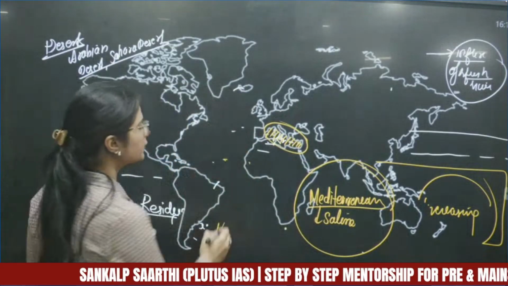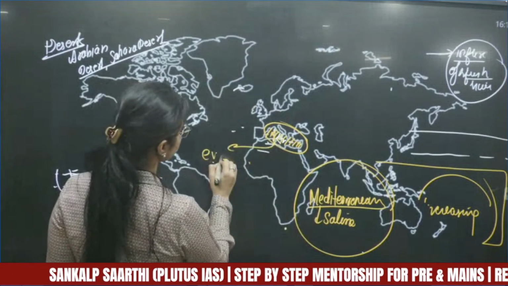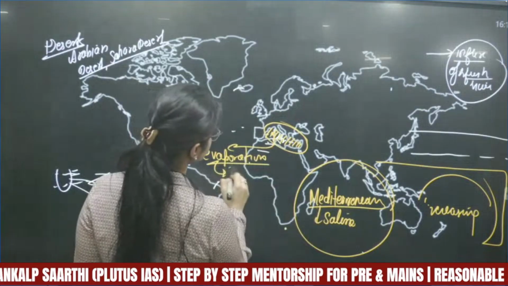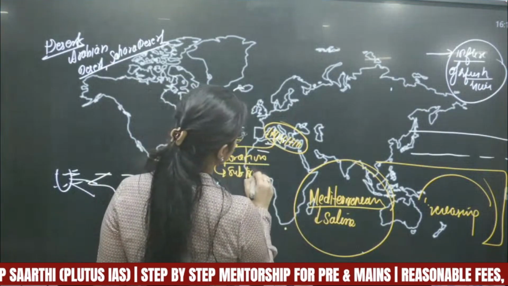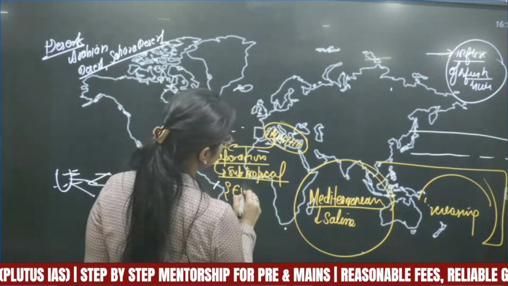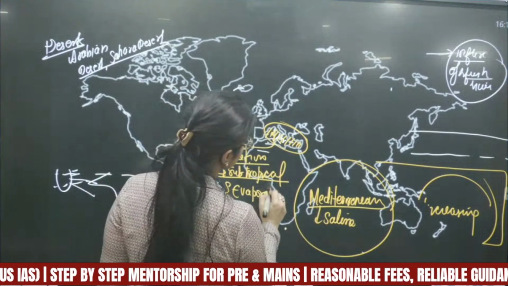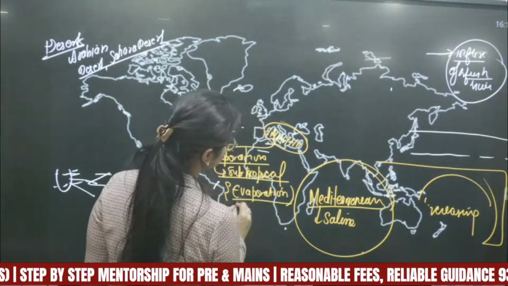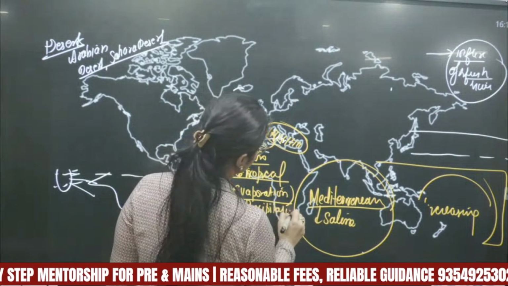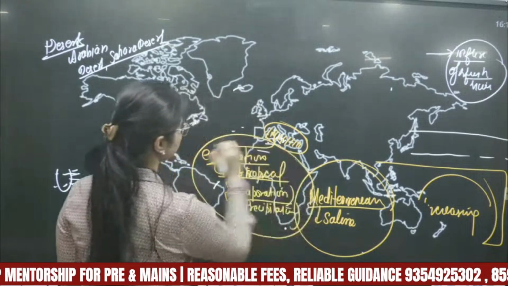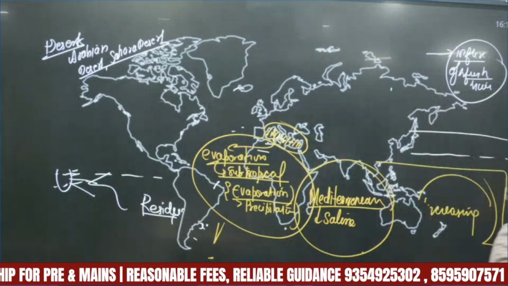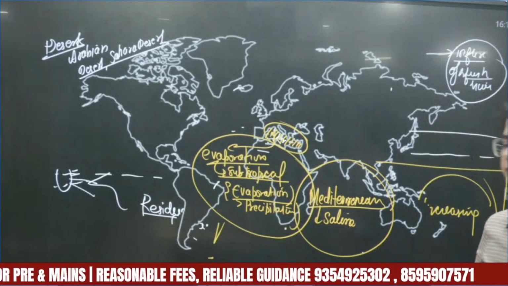Reason being, because evaporation is more, lying in the tropical and subtropical regions. Factor, evaporation is more. And therefore the salinity is more in this area. You can take the example of Mediterranean Sea as well.